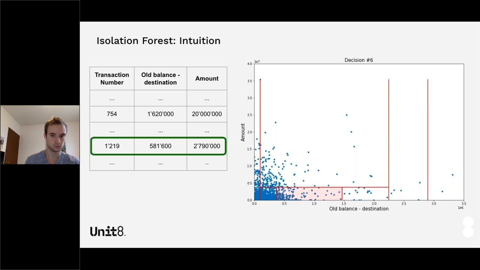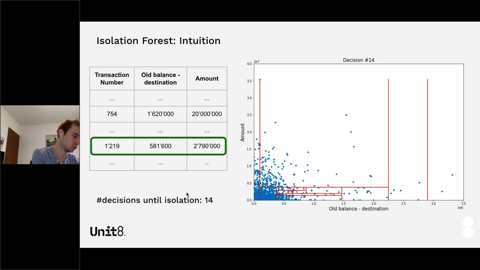And you can also already sense that intuitively you're going to take more decisions than for point A, because B is not in the middle, but very much nearer to the main cloud of the data points. And here we took 14 decisions until isolation.